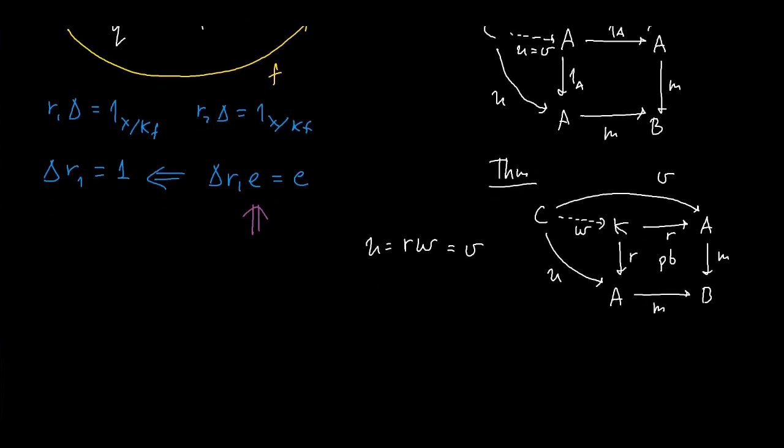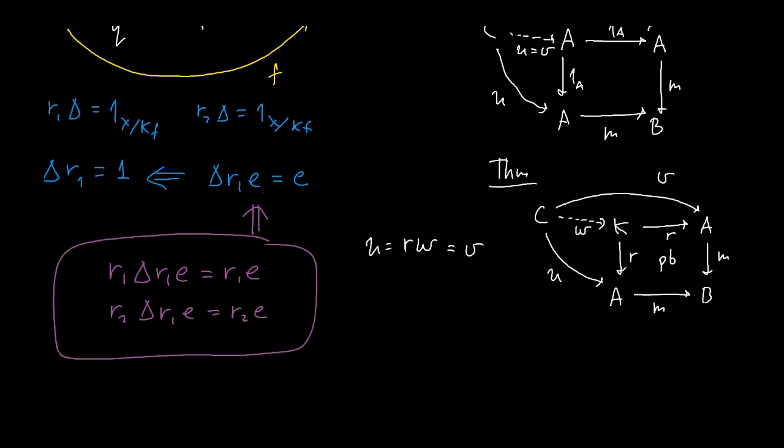So what happens if I compose each of them with R1 and R2? R1 delta R1 E equals R1 E, and also R2 delta R1 E equals R2 E. If I can prove that, then I'm done. Then this will imply the other one.